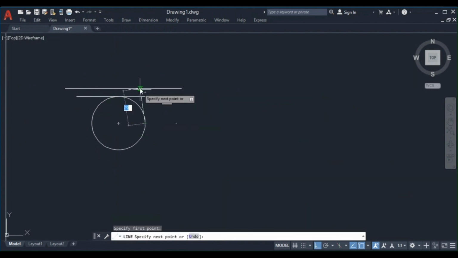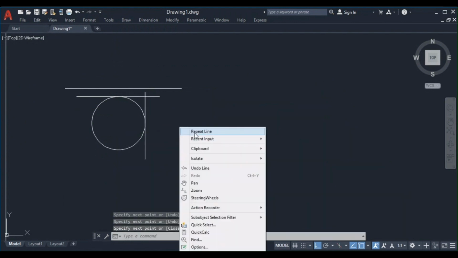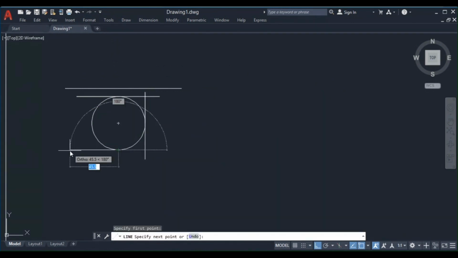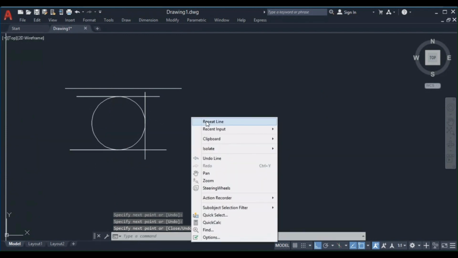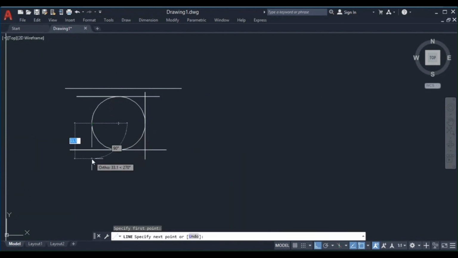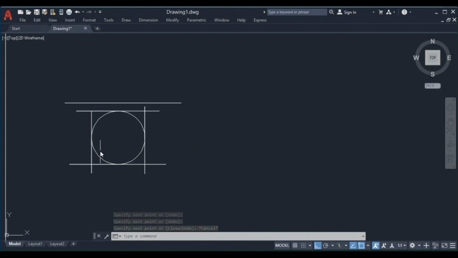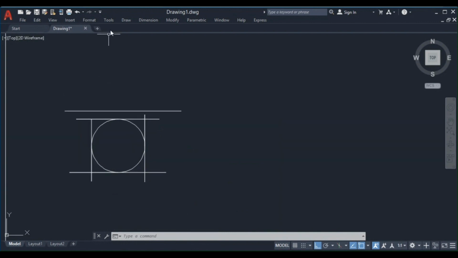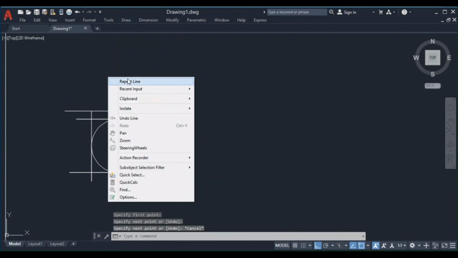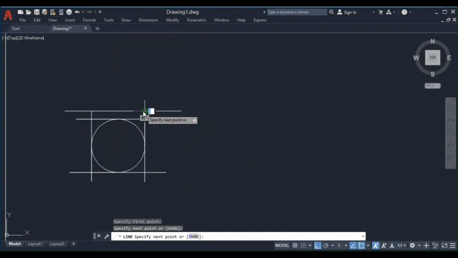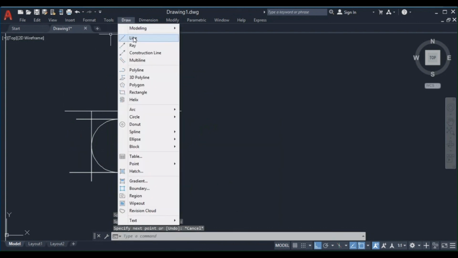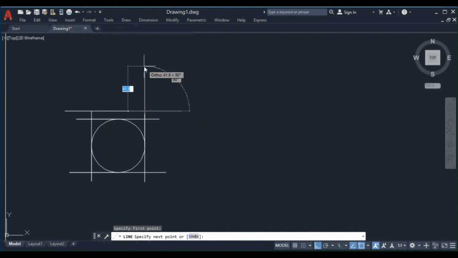No doubt in that. Not required to divide the circle in number of equal parts because it is not an orthographic view. 70 mm.